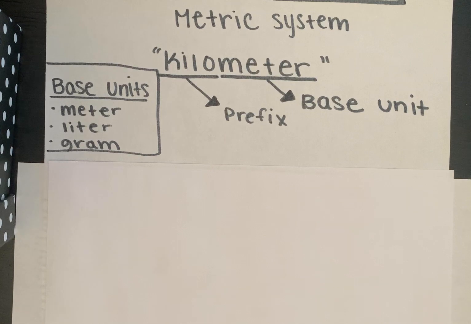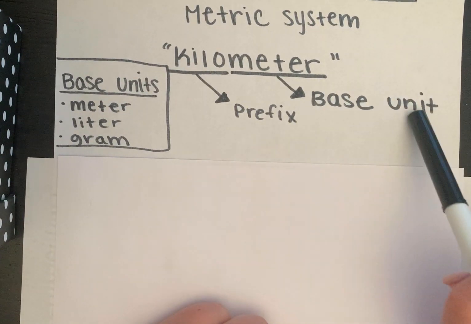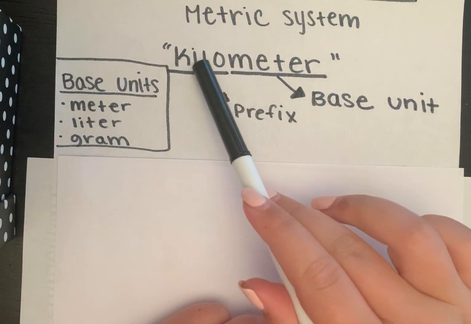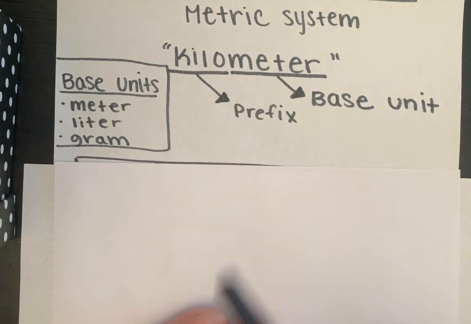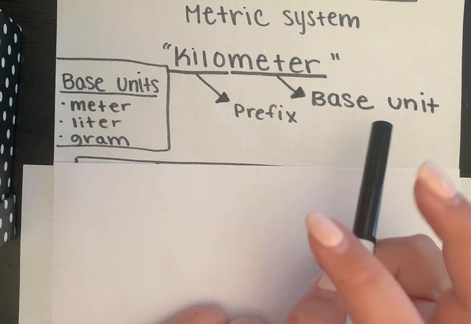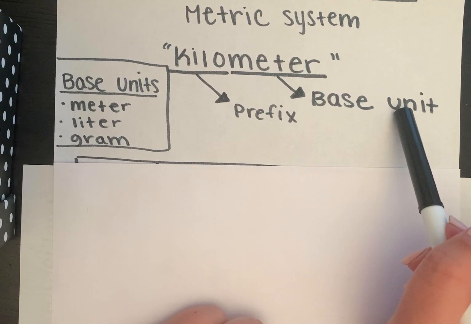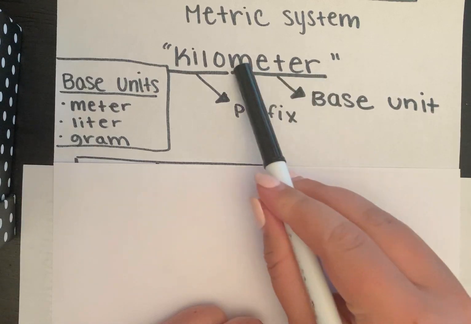So the metric system talks about a base unit and a prefix. If we look at the word kilometer, we can see that the word meter is what we call our base word, our base unit, similar to how you talk about it in your language arts class with Mrs. Fraser. That is your base word: meter.